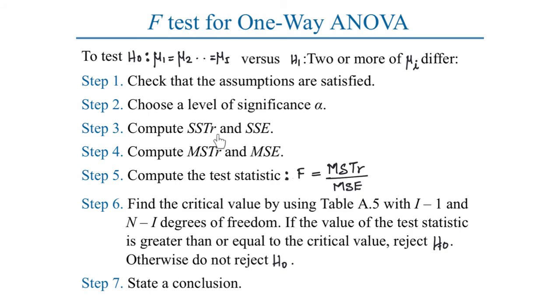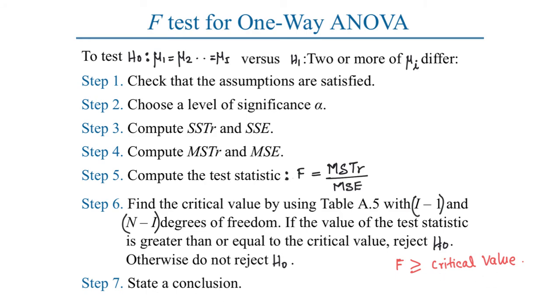Then compute SSTR and SSE. Then compute MSTR and MSE. Then take the ratio of these two to find F. Then find the critical value by using table A5 and the degrees of freedom I minus 1 and n minus I. We reject the null hypothesis if the test statistic F is greater than or equal to the critical value.